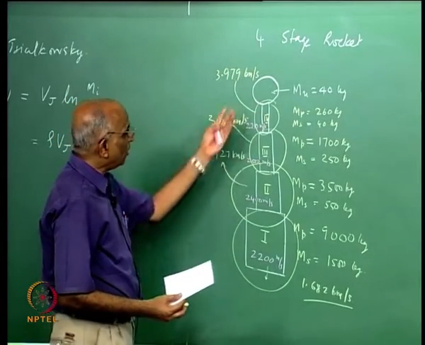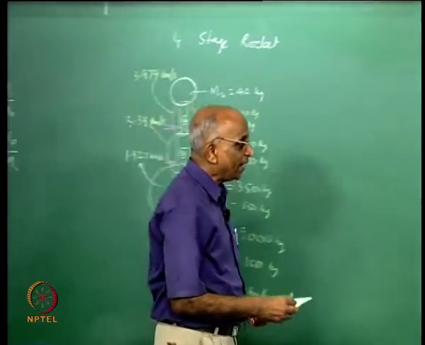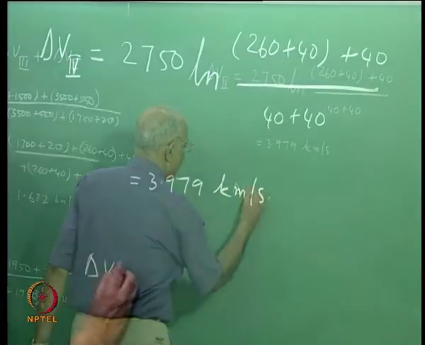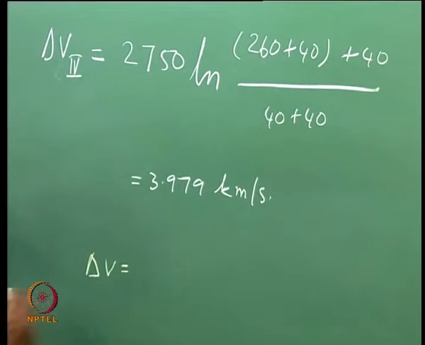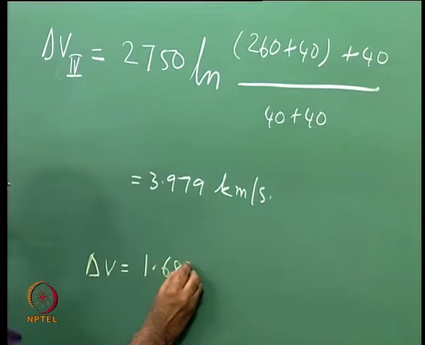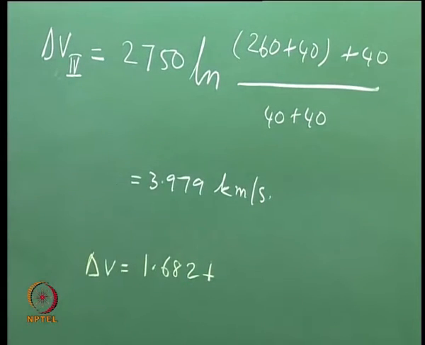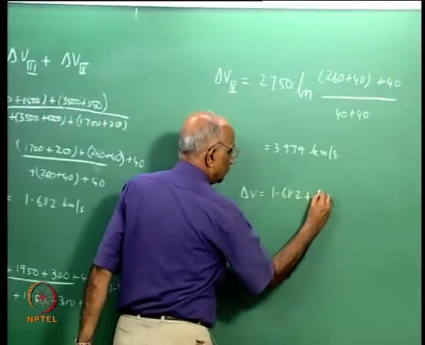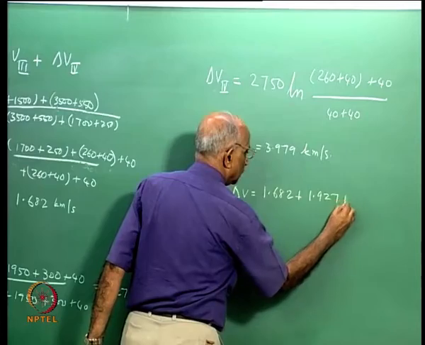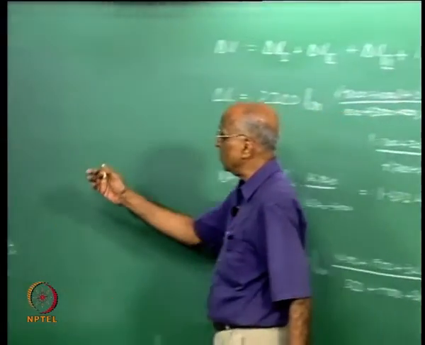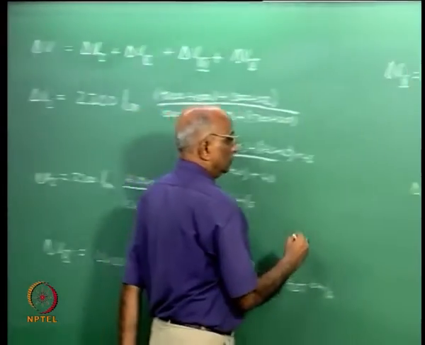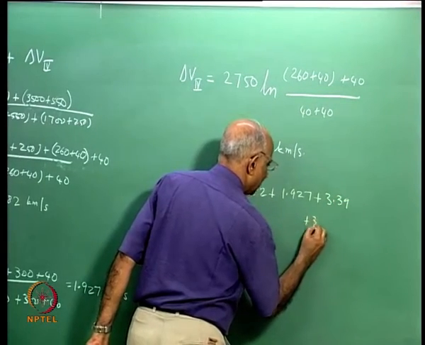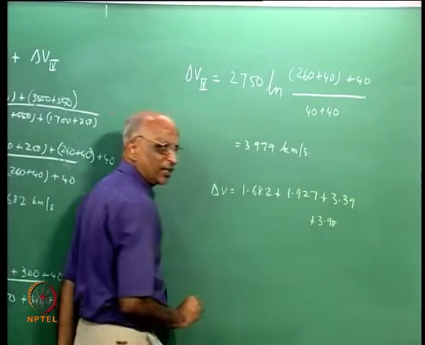And therefore, what is the total delta V of the rocket? We just add the velocities. That means the total delta V which the rocket gives, let us add it together: 1.682 plus the second stage which gave us 1.927, the third stage which gave us 3.39, and the last stage which gave us something like 3.98 kilometers per second.